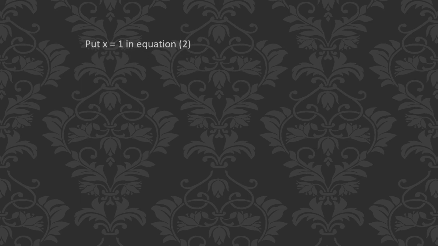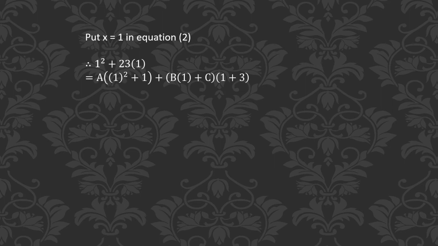Next, the third choice for x, we can put any value of x. I'll put x equal to 1 in equation 2. Then we'll get 1 square plus 23 into 1 equal to a into 1 square plus 1 plus b into 1 plus c into 1 plus 3. So it will be 24 equal to a into 2 plus b plus c into 4.